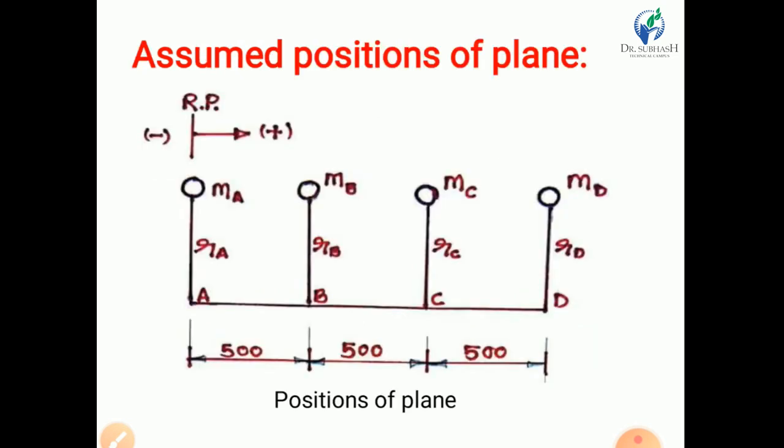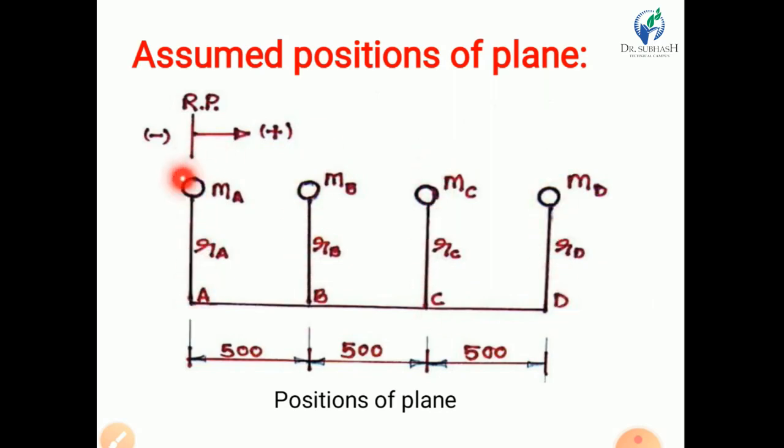So this is our plane position. All the planes are 500 mm apart. Here we draw the shaft. This is the A plane, B plane, C plane, and D plane.